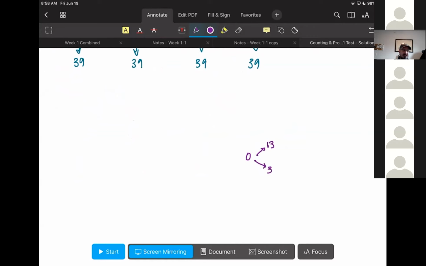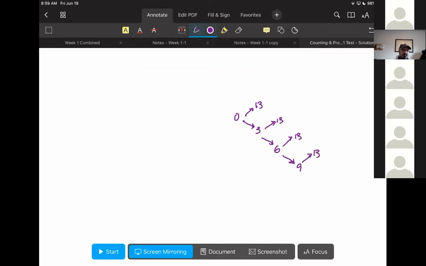If it goes to 3, it can go to 13, or it can go to 6. If it goes to 6, it could go to 13, or to 9. If it goes to 9, it could go to 13, or to 12. And if it goes to 12, it could go to 13, or to 15.